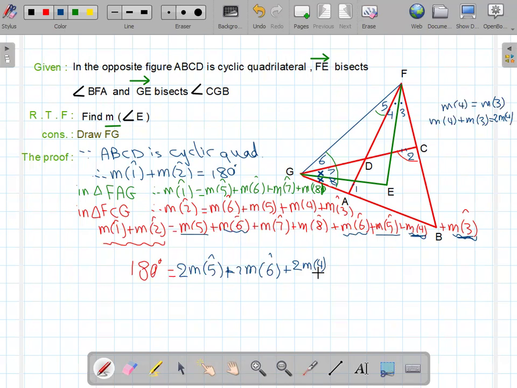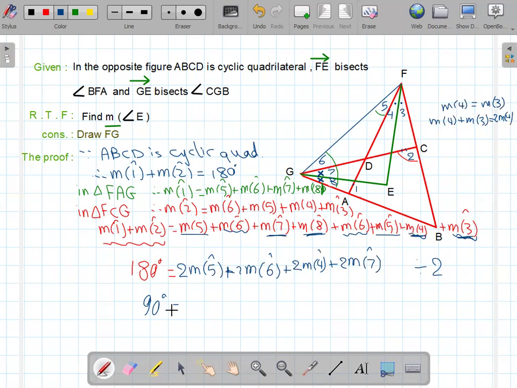Also, measure of 7 and measure of 8 are equal, so measure of 7 plus measure of 8 we can write as 2 measure of 7. After this, we can divide by 2 on both sides. 180 divided by 2 equals 90.